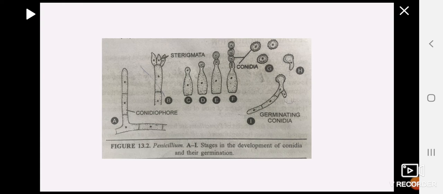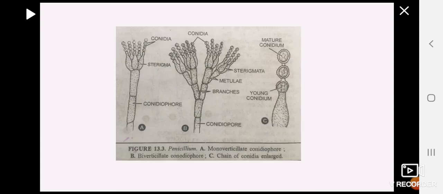Now, these conidiophores may be monoverticillate or biverticillate. So you can see here the first type is monoverticillate, meaning the conidiophores are unbranched. And on the tip of the unbranched conidiophore, a cluster of sterigmata are present. These are bottle-shaped structures.